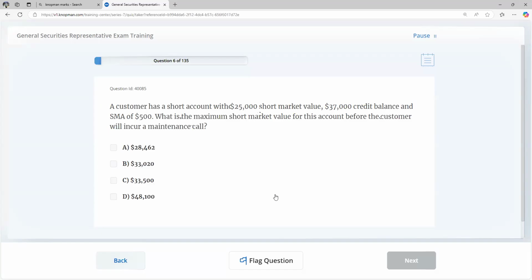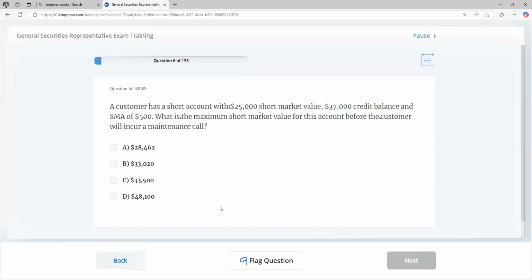Okay. What is the maximum short market value before they incur a maintenance call? And then, hold on one second.